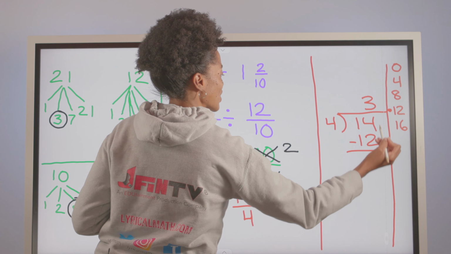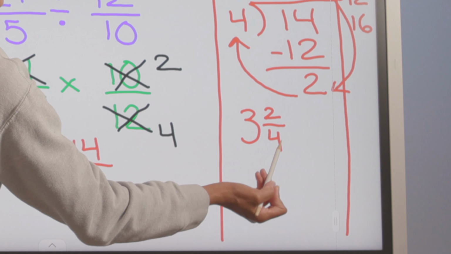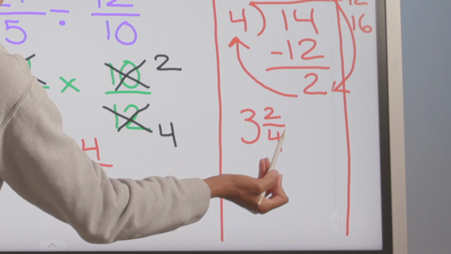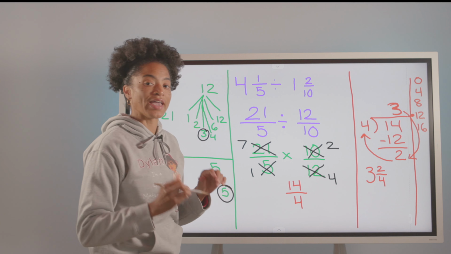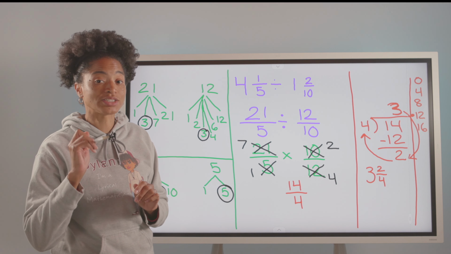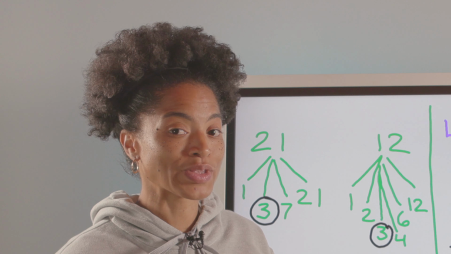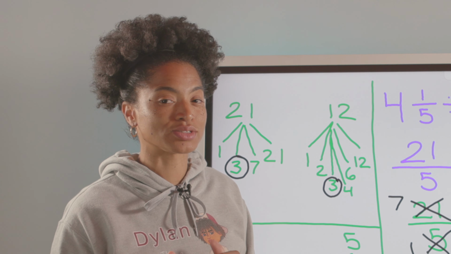So if you look at your answer and you notice that there is a GCF of the numerator and the denominator, even though it's not an improper fraction, this is considered a proper fraction when the numerator is smaller than the denominator. If you can divide both of them by the GCF, do so. So in this case, I'm thinking of my factors of 2.